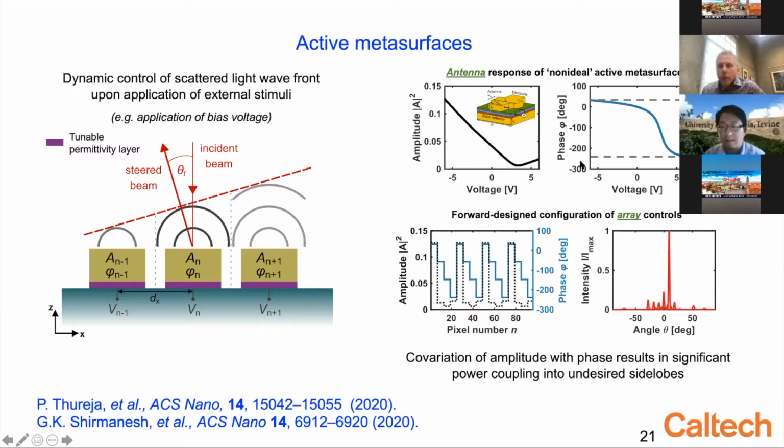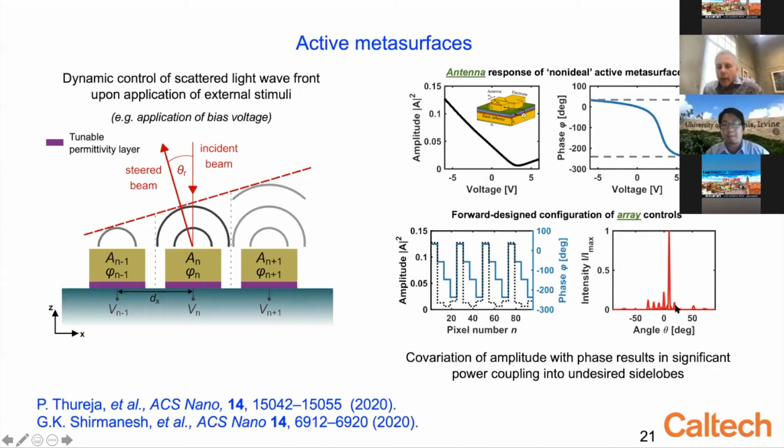And the phase modulation range is not completely from 0 to 2 pi. So you can see here, if I simply made a linear phase gradient, the dotted dashed line indicates what the amplitude variation would look like given this device performance. This amplitude and phase versus voltage actually corresponds to a real TCO metasurface device.